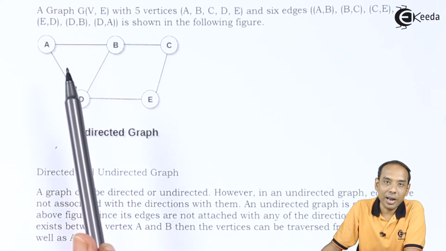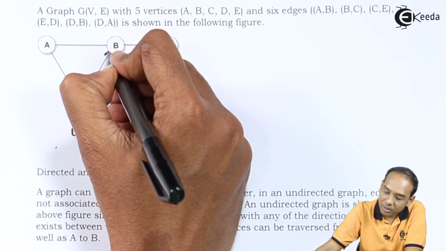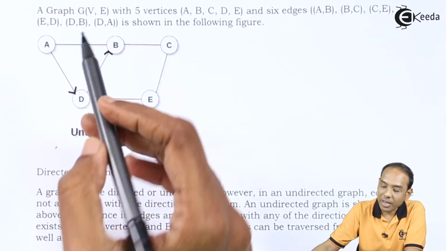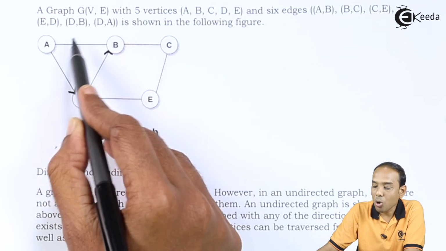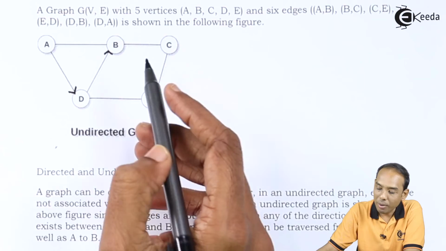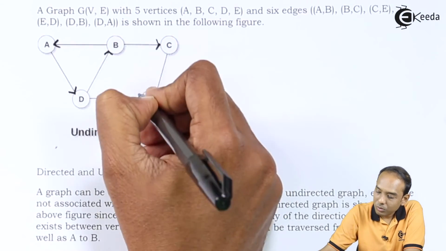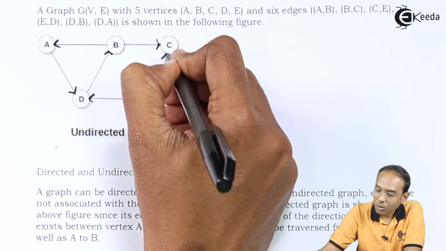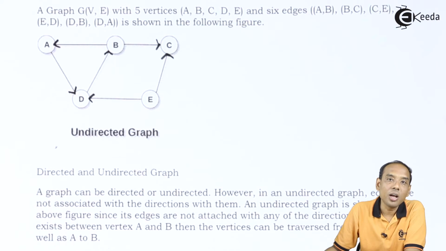Let us go for another direction. We have this. It means we can travel from D to B. Like this, we are going to connect all the 5 vertices one by one. These are this set of directed graph.